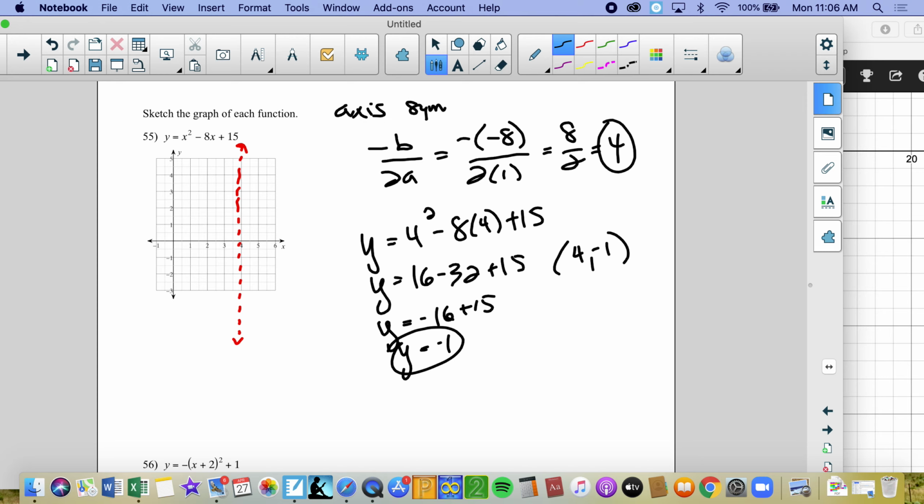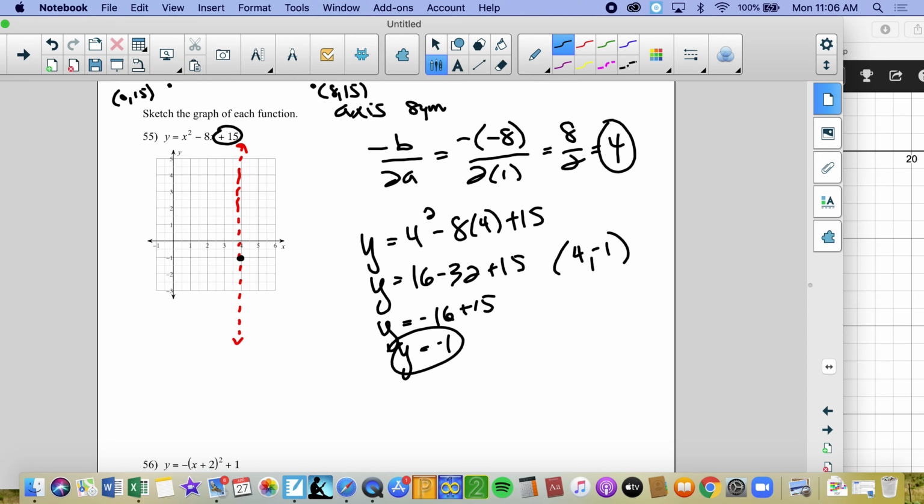So 4, negative 1. So there's my axis of symmetry. I know that my y-intercept is 15. Way the heck up here, 0, 15. And since it's 4 away, I know that its mirror point is going to be 4 away, or 8, 15.